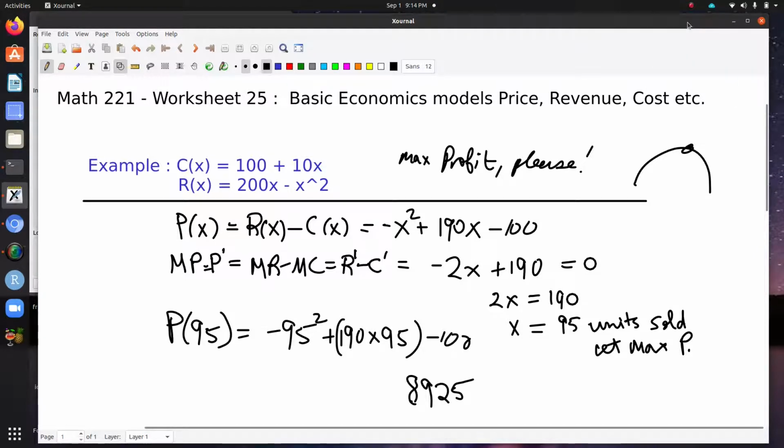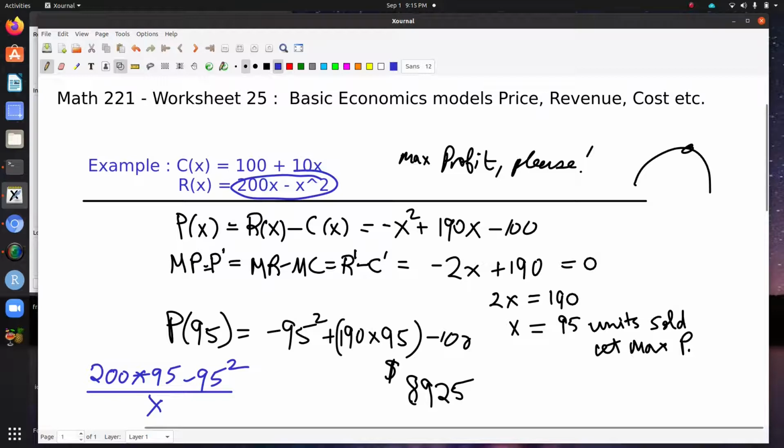Okay, well, my biggest fear didn't happen. I was afraid that my maximum profit would be a negative value, but it's not, so we're happy. And we can even reverse engineer the price per item at that level. You could find the total revenue, and if you calculate it, minus 95 squared, and then you divide by the number of items, oh boy, that x looks like an x.